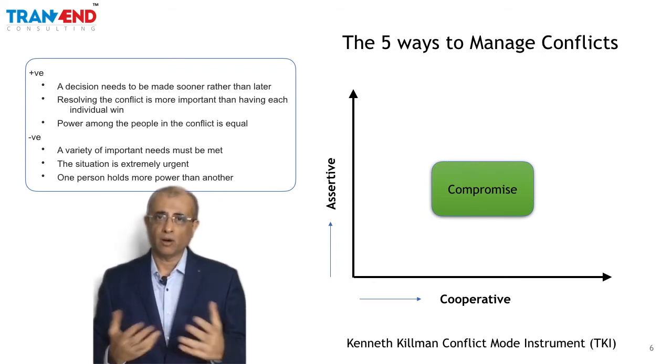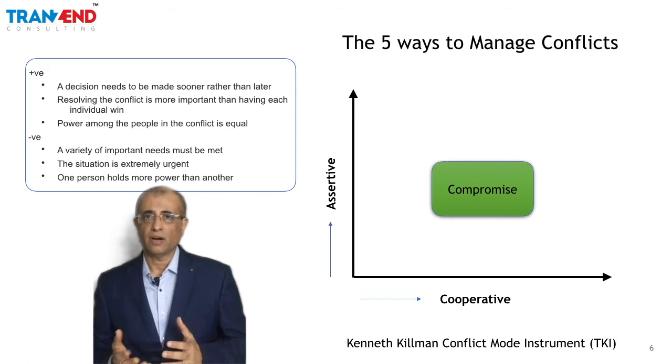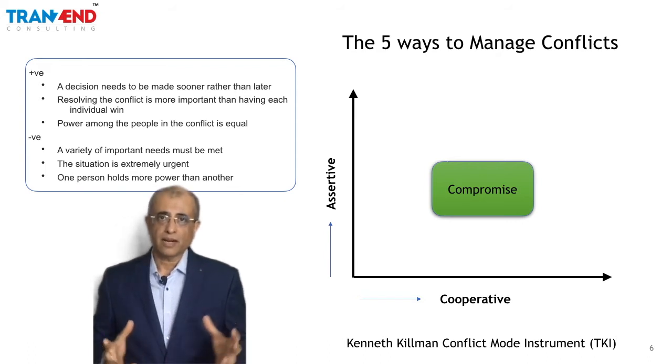So let's take the example of the house again. Let's say the conflict is not just in terms of the location of the house, but it could also be in terms of the kind of house, the society or the neighborhood, and a lot of other things.